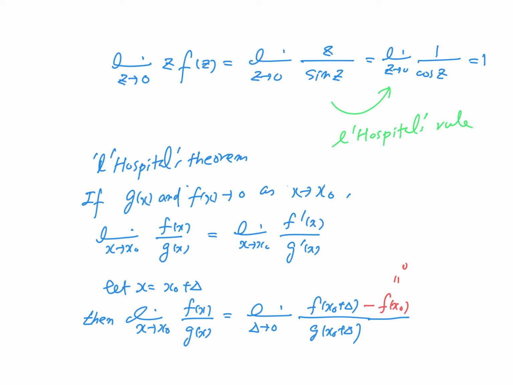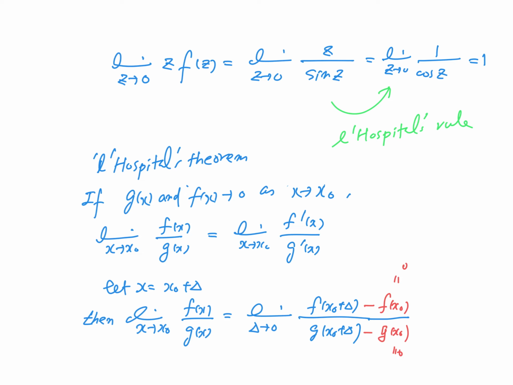You haven't changed anything. And you subtract g(x0), which is again 0. So you have f(x0 plus delta) minus f(x0), and the denominator also you subtract 0.